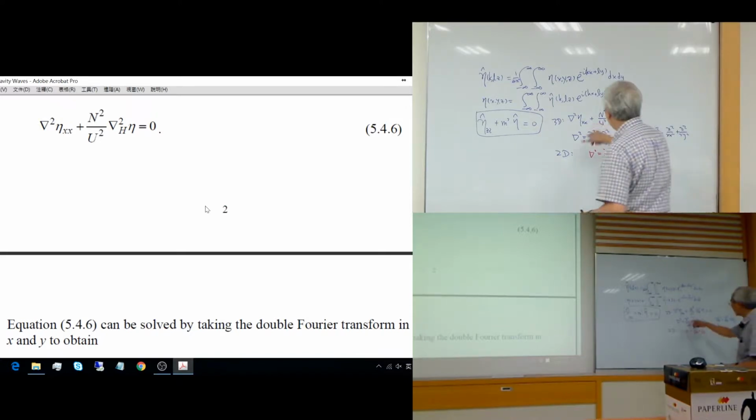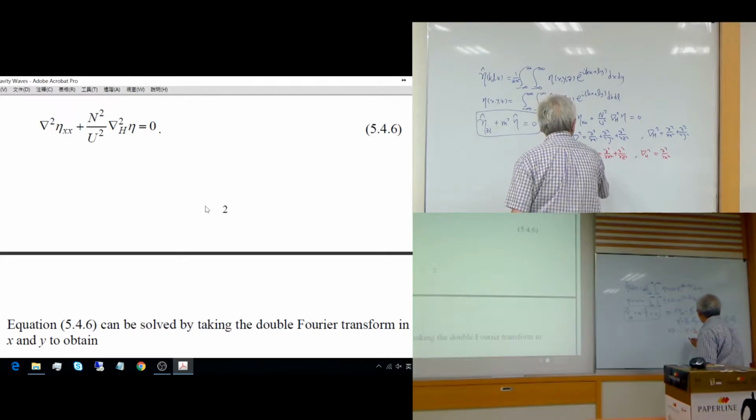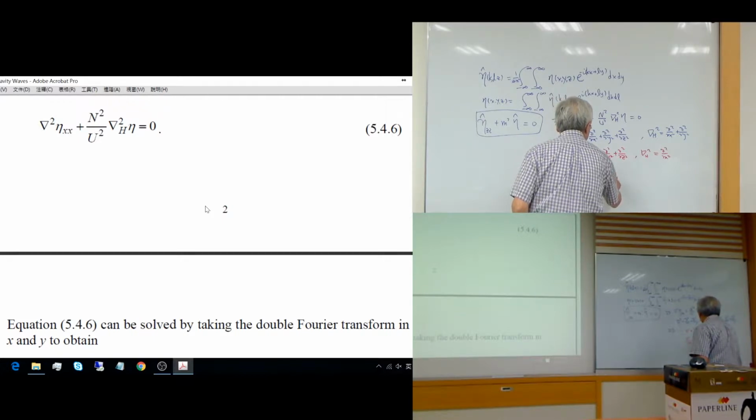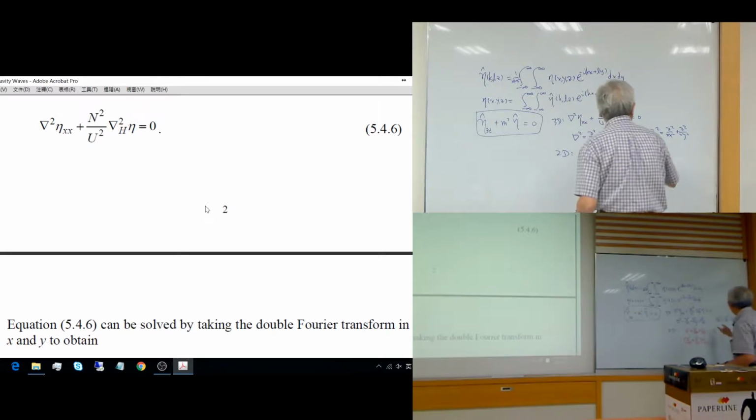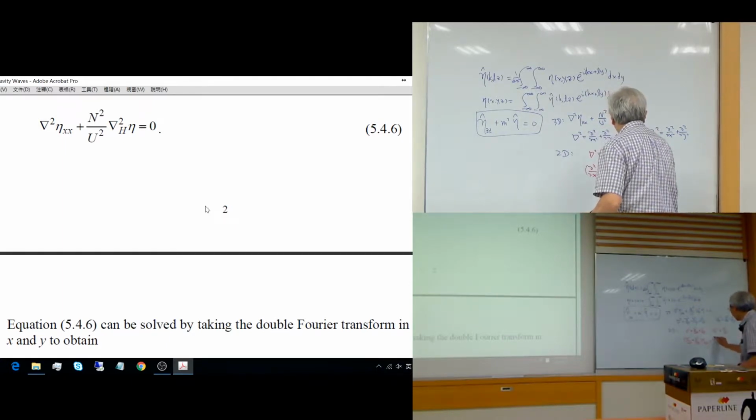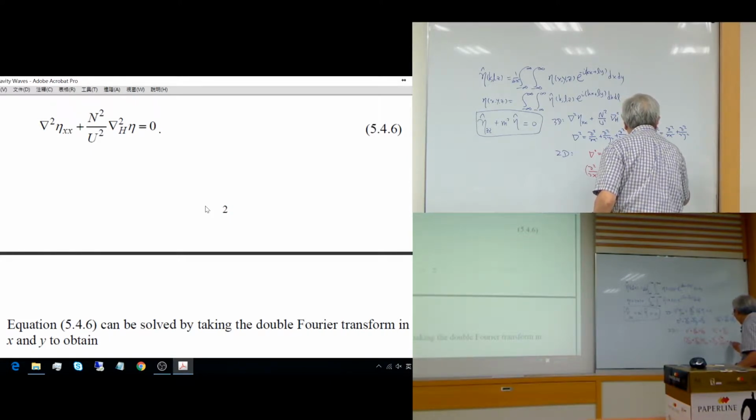So then you substitute this back there, then we are going to have partial squared x squared plus partial squared g squared, and then eta xx, plus N squared over U squared, and this will become just simply partial squared eta over partial x squared equals 0.